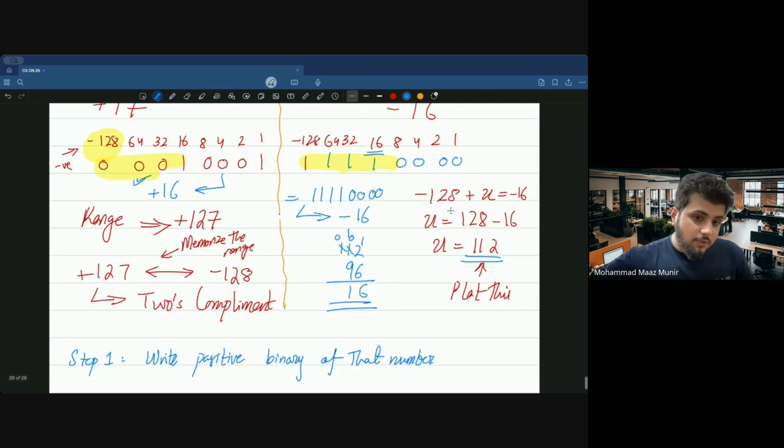But did you forget that when we are dealing with positive and negative numbers, we have the range from positive 127 to negative 128? So 207 is out of the range and we cannot plot it on this specific scale. It's important to understand that the positive number can go up to positive 127, and the negative number can go down to negative 128.